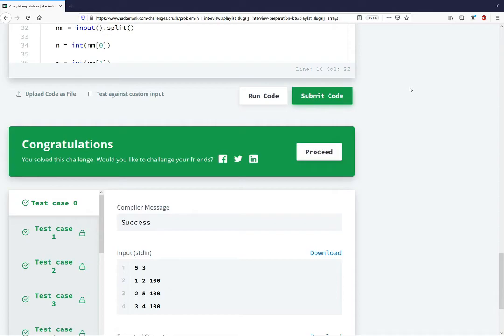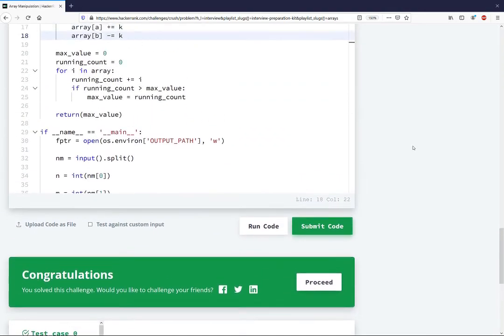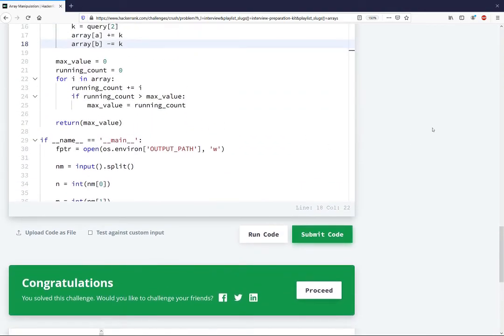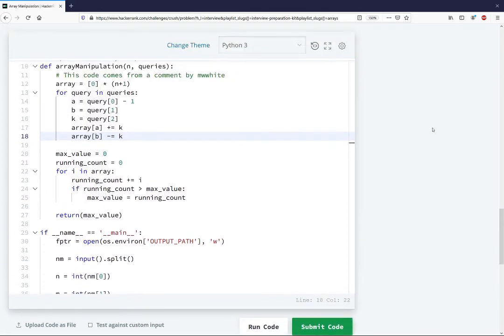But anyways, when you're submitting this, definitely include print values in your code as you're writing it to help you see what's going on and what the code's doing. But then once you actually have the final code, just get rid of all of that.